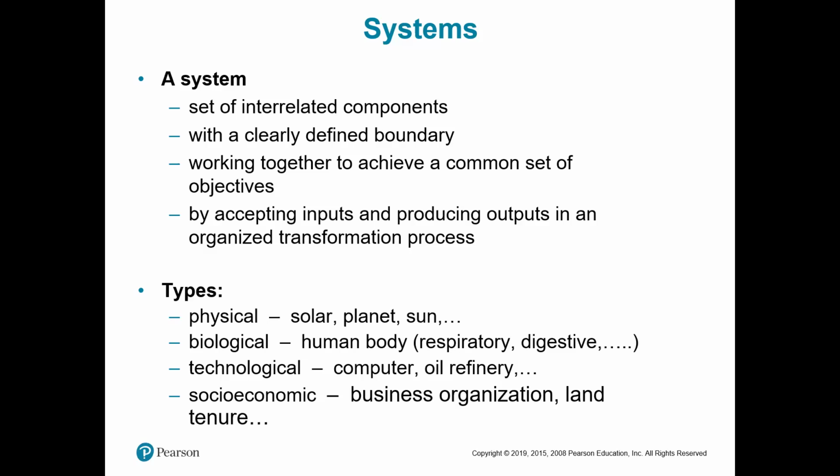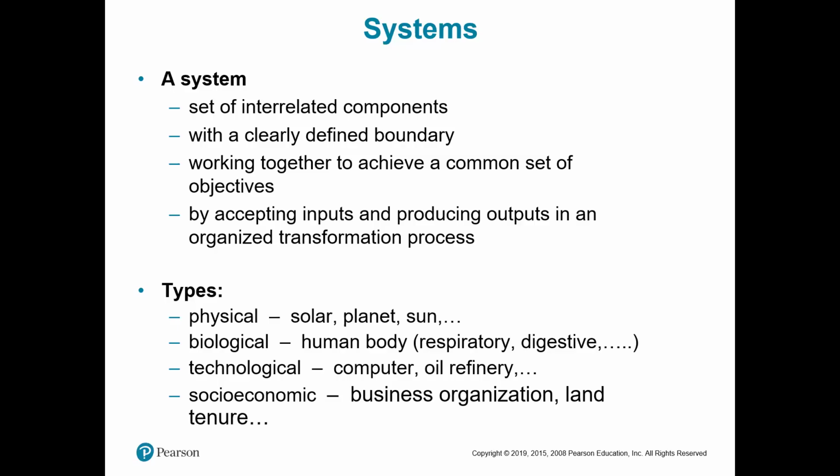So you can see now the system theory appears here. Try to analyze the process and then improve on the process, in an organized transformation process, so we can be able to achieve our goal or be able to achieve our target.